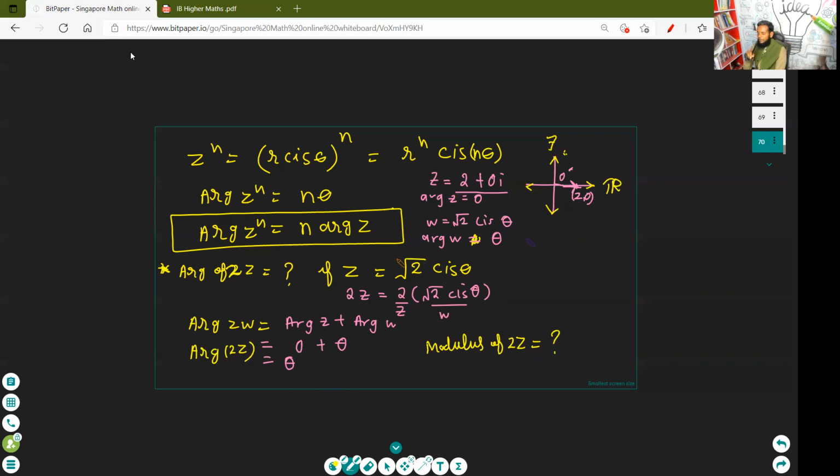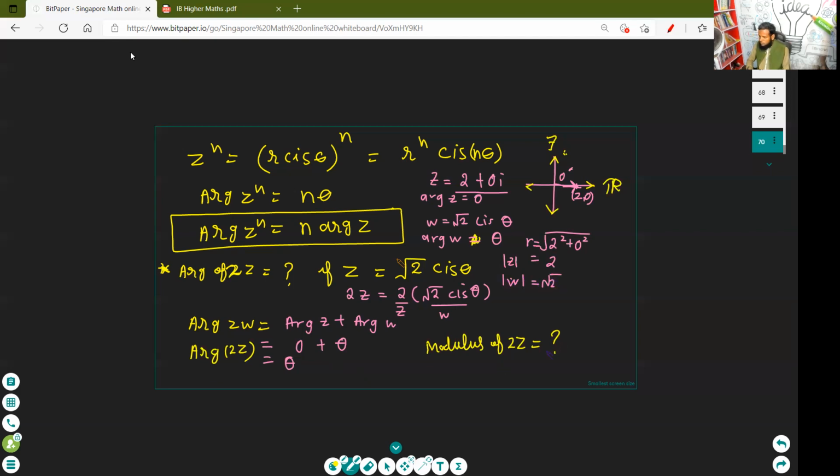Find the modulus of both and then multiply them. This is the modulus for Z, 2. And the modulus for W is root of 2. Yes, good.